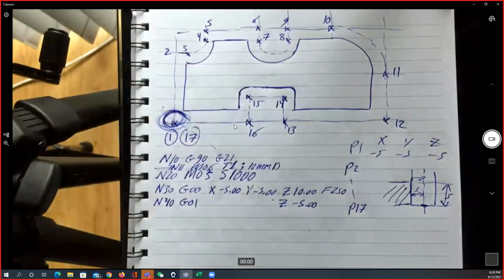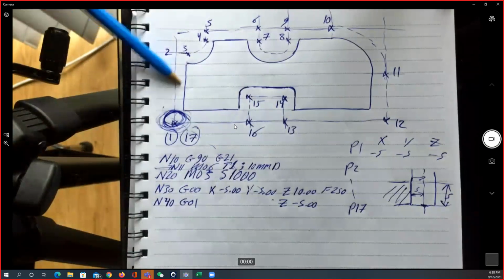G01, you don't have to repeat it because it is already written. Just change the code: the X is going to be the same, and the Y is going to be different. We said that the height, from here to here, is 65 plus 5, which makes it 70. So the Z is going to be the same.